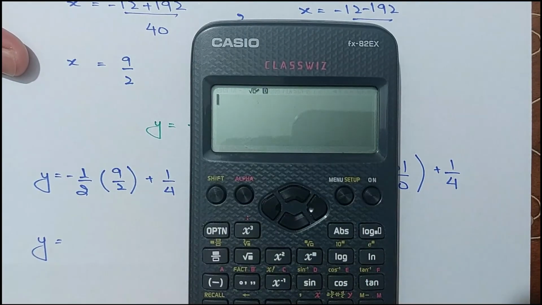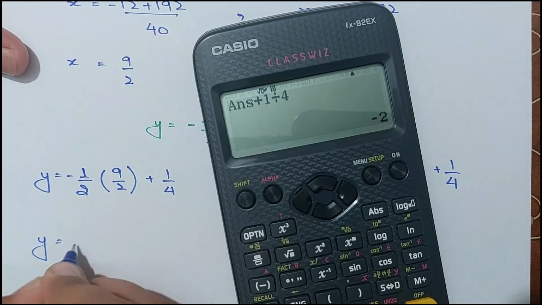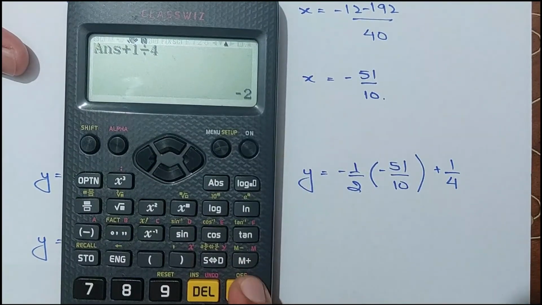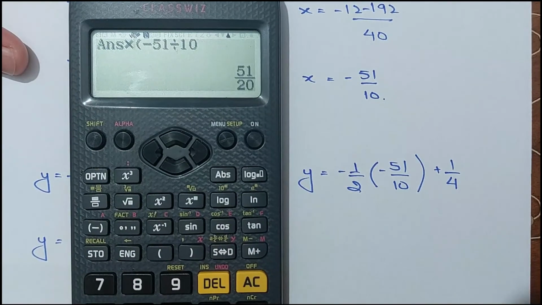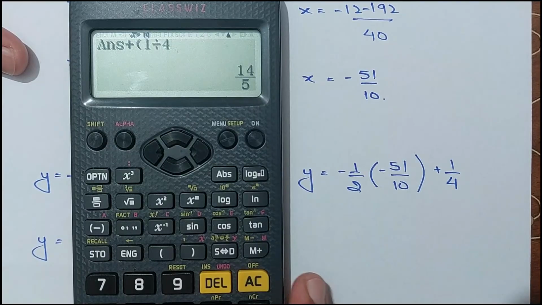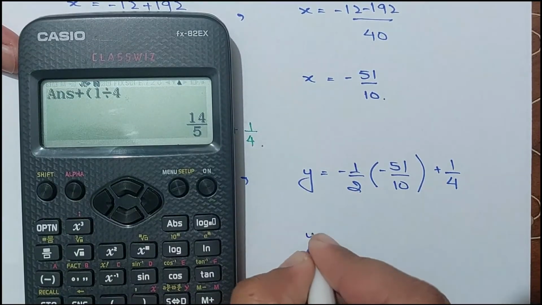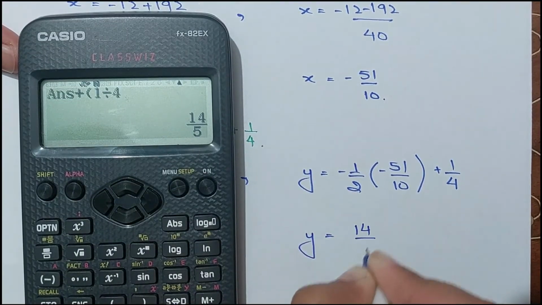Minus 1 by 2 into 9 by 2 plus 1 by 4 is negative 2. The other one is minus 1 by 2 times minus 51 over 10 and add 1 by 4, which is 14 over 5. y is 14 over 5.